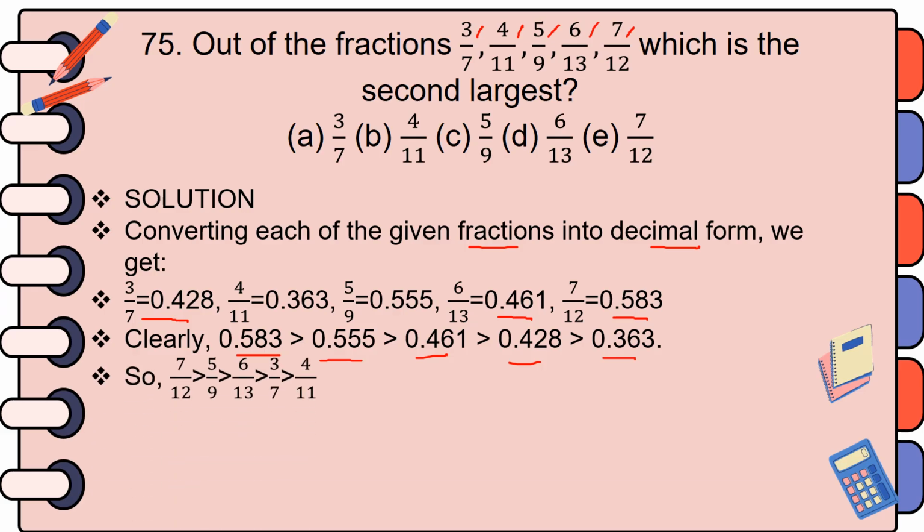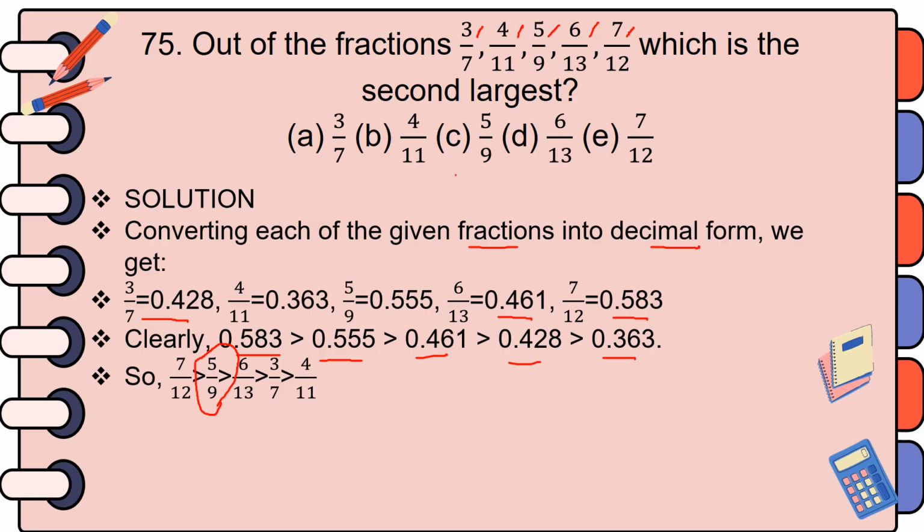So 7 over 12, which is equal to 0.583, is greater than 5 over 9, which is equal to 0.555. So the second largest decimal, or the second largest fraction here, is 5 over 9. 5 over 9 is the second largest fraction.